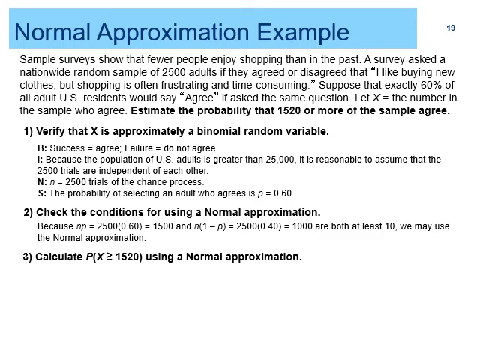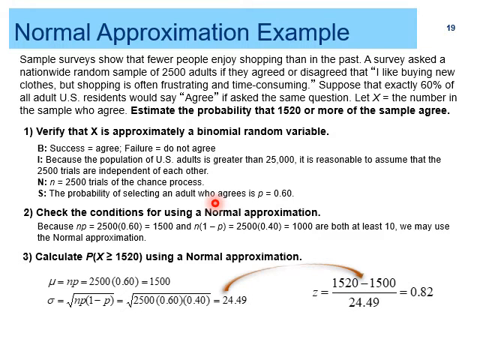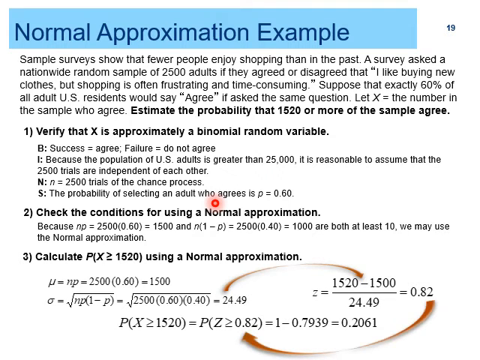Our question was to estimate the probability that 1520 or more of the sample agree. We know that np is 1500 and the standard deviation is 24.49. We got the z value 0.82, and the result is 0.2061. So we can say that almost 20% of people agree.